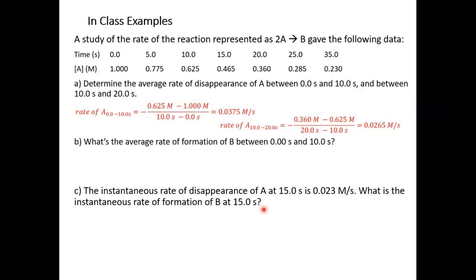Always, always. So if you have the rate for A, what do you do to get the rate for B? Half of it, right? This exact same math that we just did, except I'm giving you a different rate of A to use.